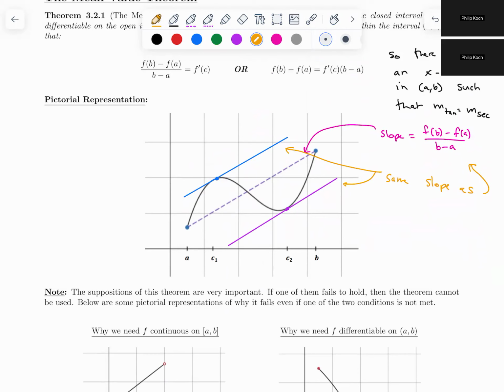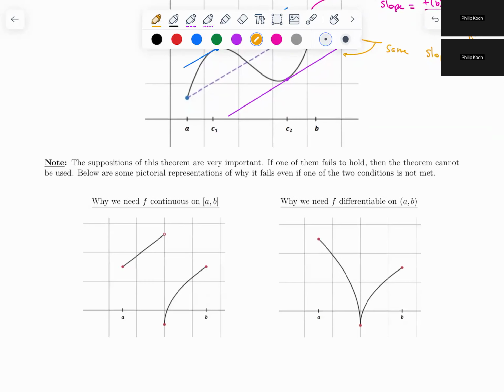So I wanted to talk about why the suppositions are so important. The fact that it needs to be continuous on the closed interval and differentiable on the open interval itself. Why we need continuity: if I have this function here, that's not continuous. It has a jump discontinuity in between a and b. If I were to draw the secant line, the secant line has a slope of 0, but there's no value between a and b for which the tangent line has a slope of 0.